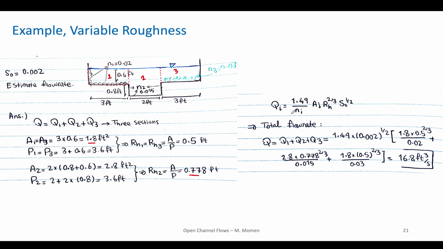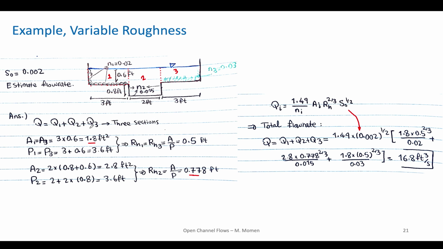So using this Manning's formula, I calculate the total flow rate, which is going to be Q1 plus Q2 plus Q3, which will be 1.49 times 0.0002 to power 1/2, which is S naught to power 1/2. I factor this out because it is constant for all three channel sections, times the variable things.